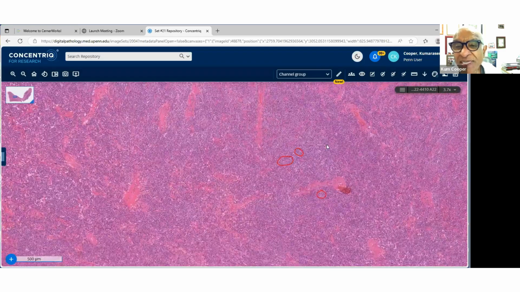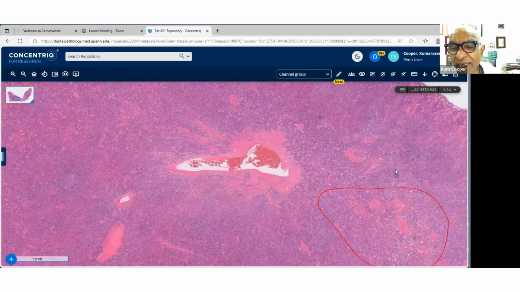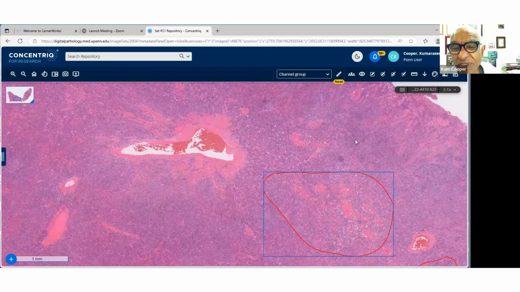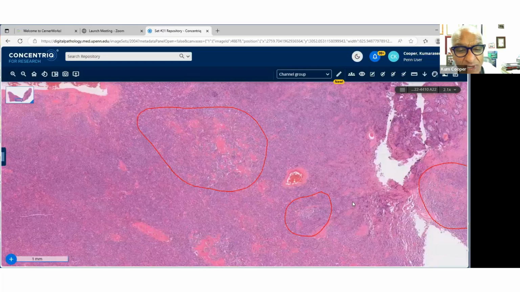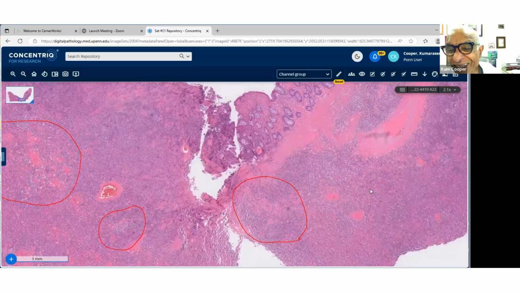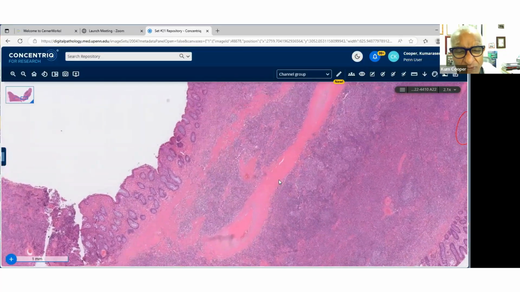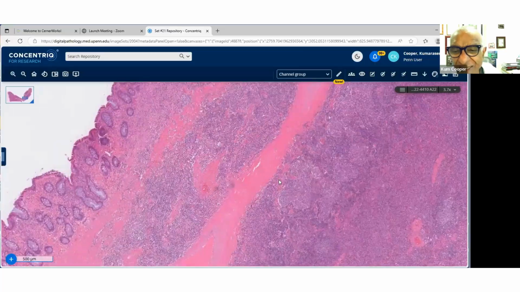And here we go. So let's perhaps start here. You can see some lymphoid aggregates here. Oh, these are germinal centers, so they're stimulated, just to share that with you. And the stroma in between has lots and lots of plasma cells and lymphocytes.